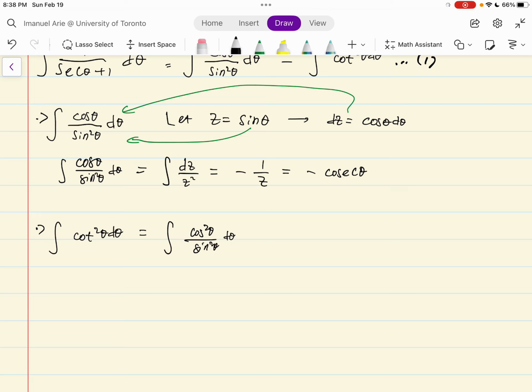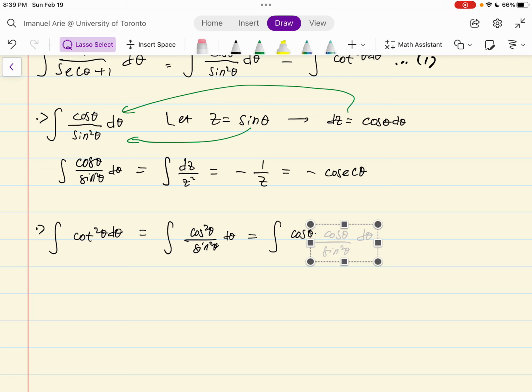And if you notice, there is something that might look familiar to you. If we split the cosine squared theta, we will get this.